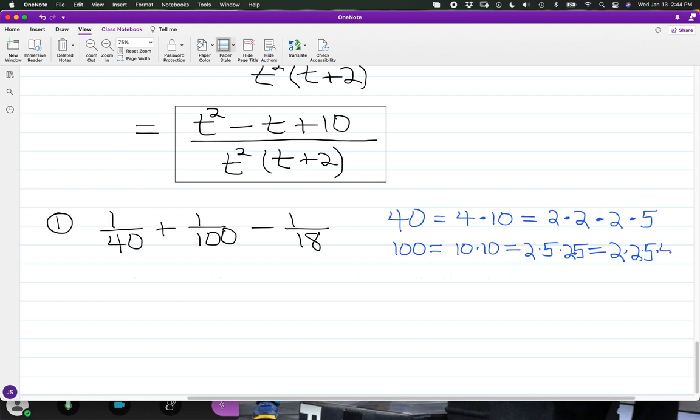So you have 2 times 2 times 5 times 5. And as for the number 18, you can say we have 2 times 9. And 2 is a prime number. And as for 9, we can break this down further to 2 times 3 times 3.